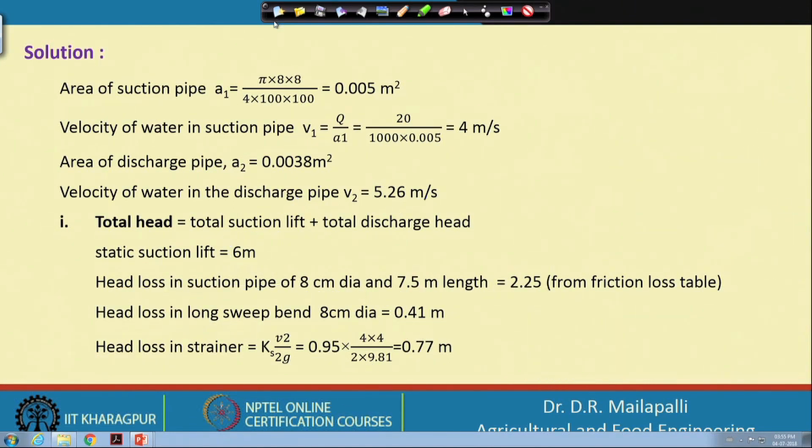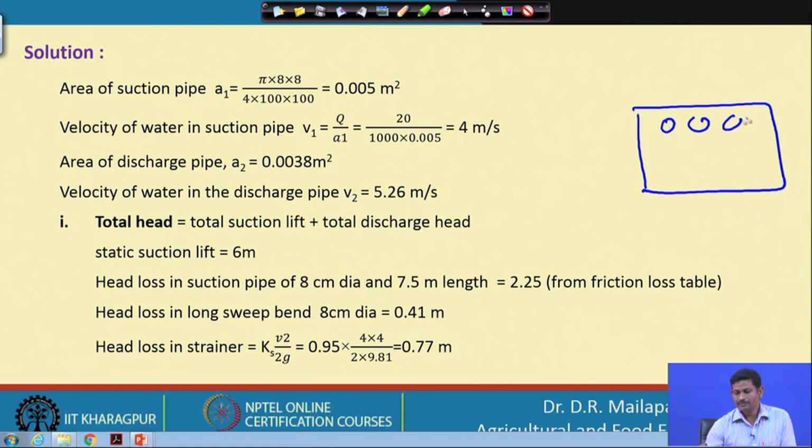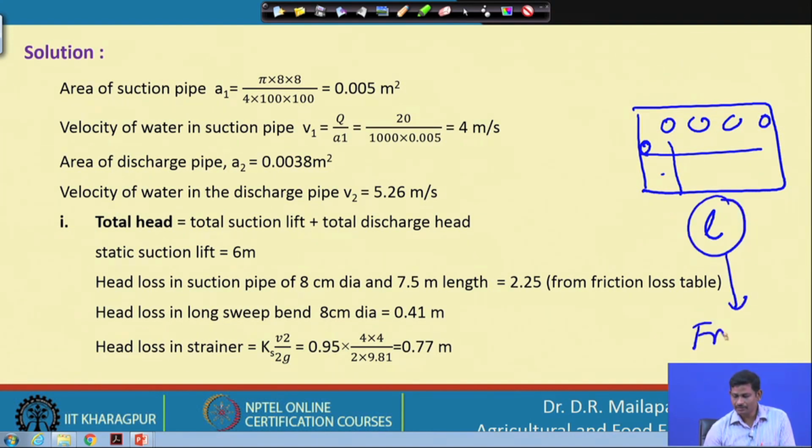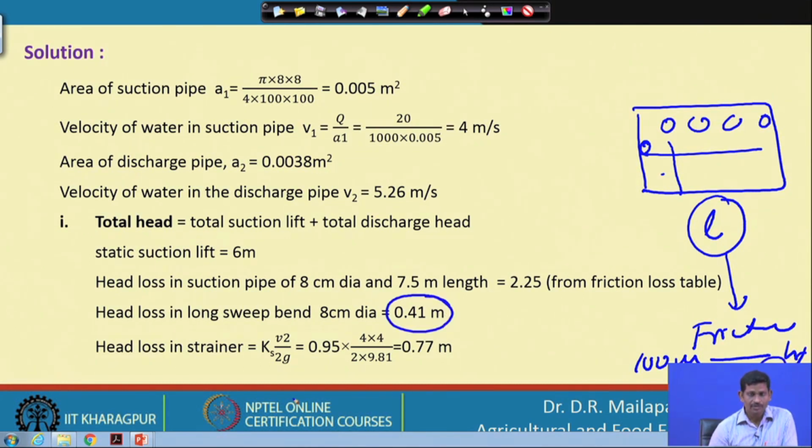This is similar to what you have seen for the different bends: for a particular discharge, you get an equivalent length of the pipe, and you go back to your friction table, find HF for 100 meter, and then find the HF for L. So, that is 0.41.